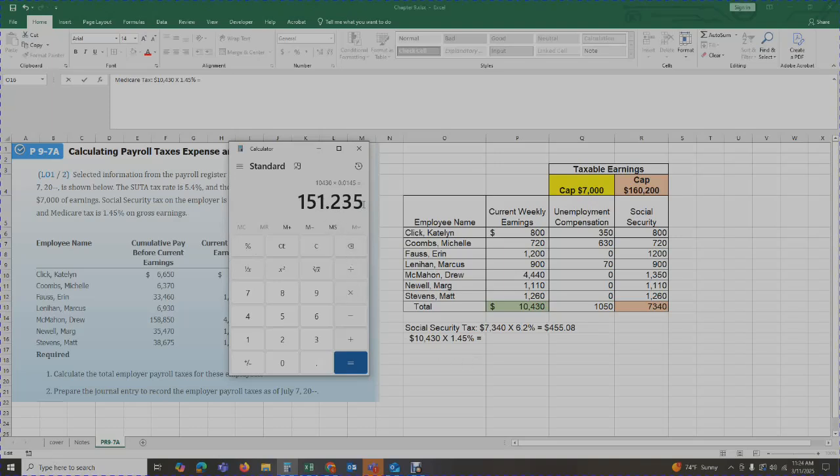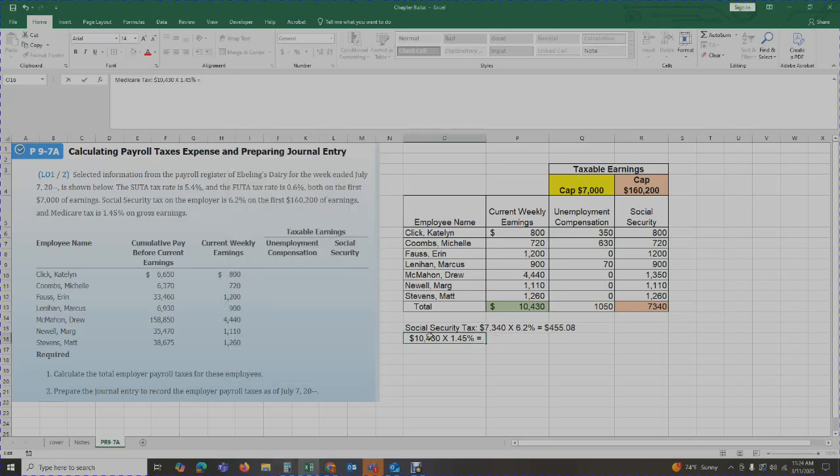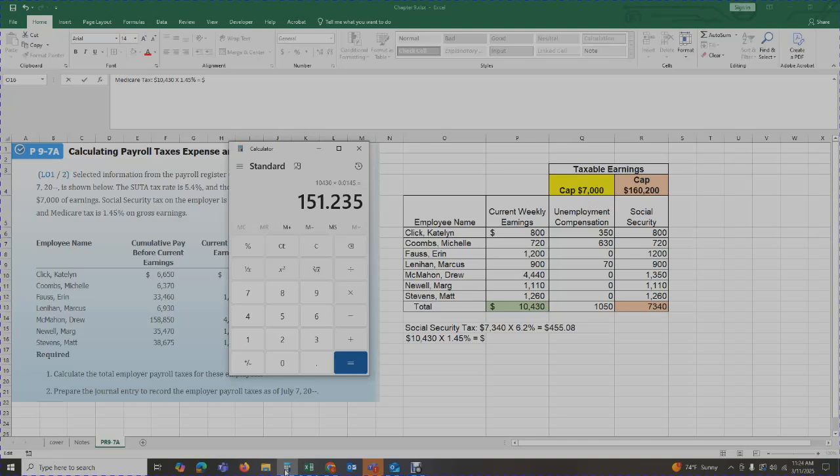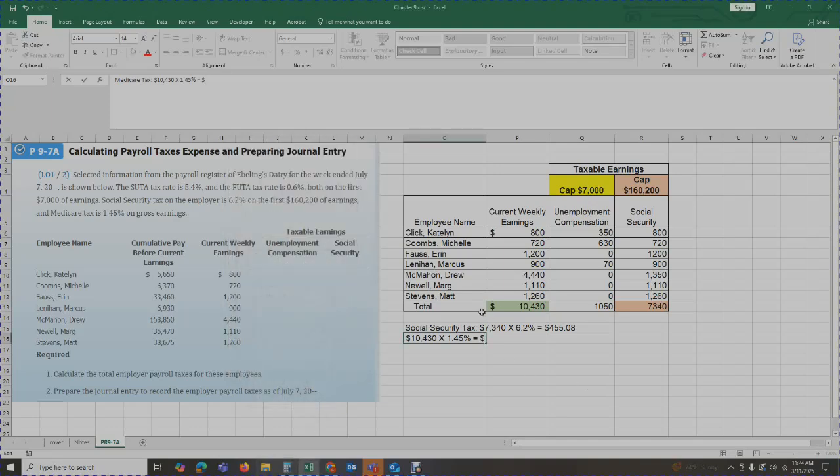We need to round. If that third digit is a 5 or greater, the second digit is bumped up. So my amount will be 151.24. So that's my Medicare tax.